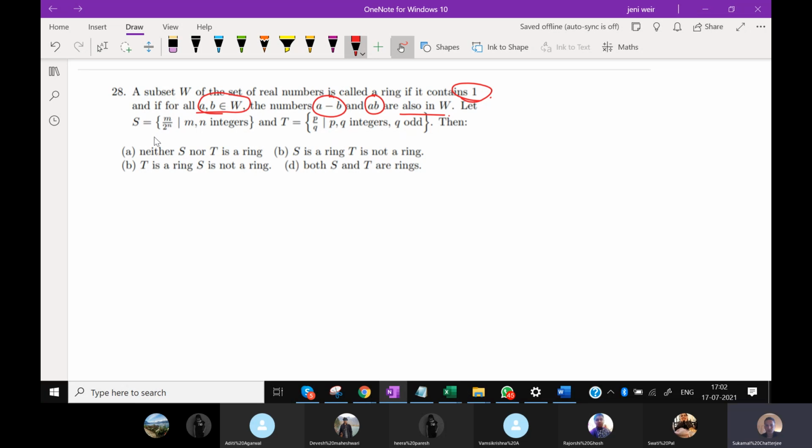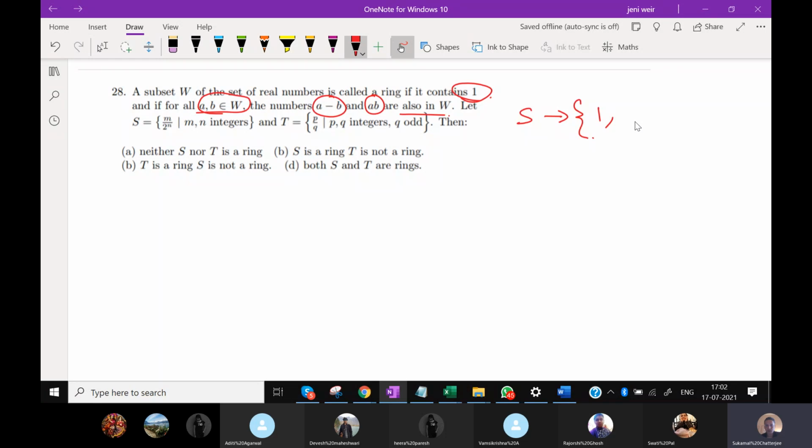Now look at the set S, m by 2 to the power n, where m and n are integers. In the set S, if I take m equal to 1 and n equal to 0, then I can have 1.